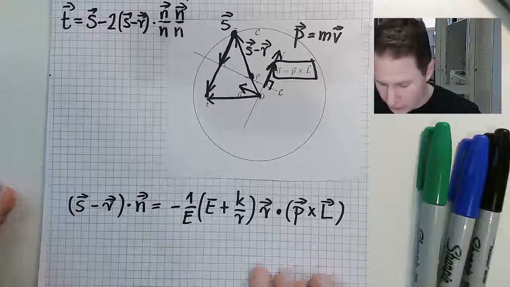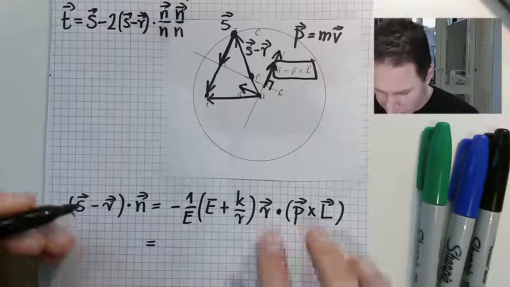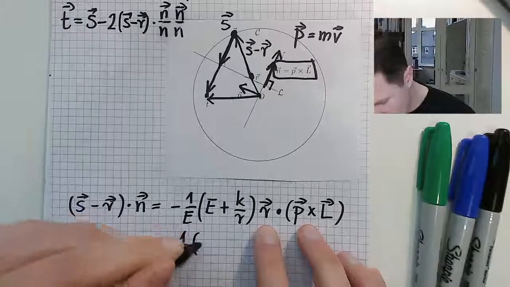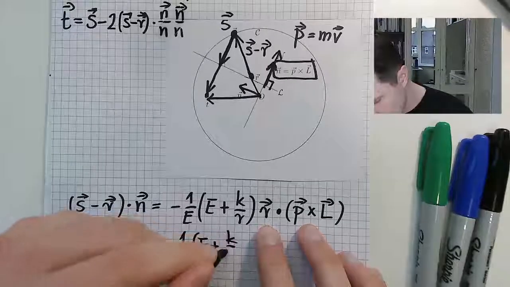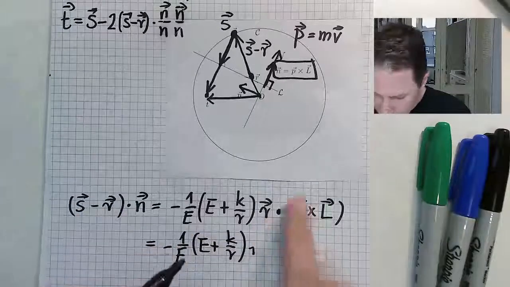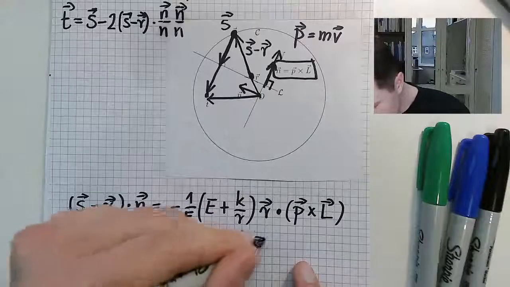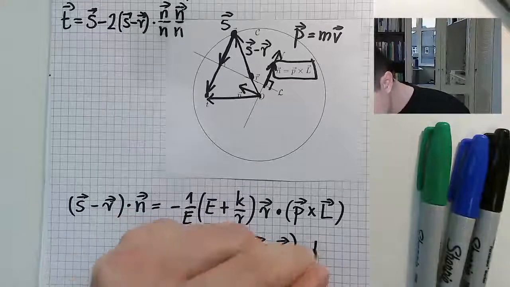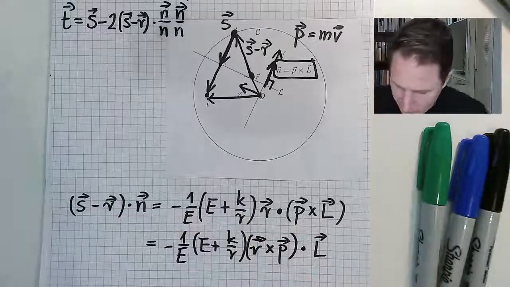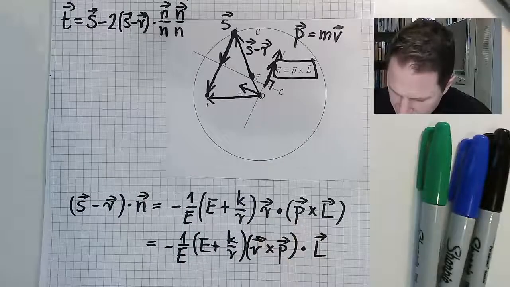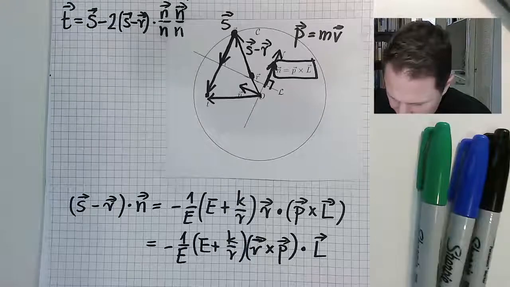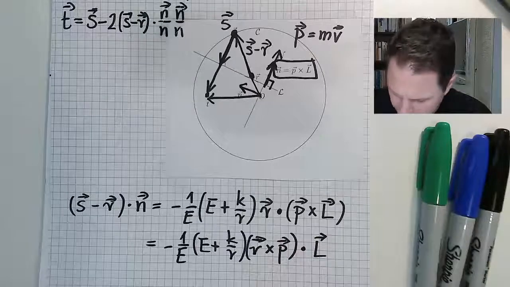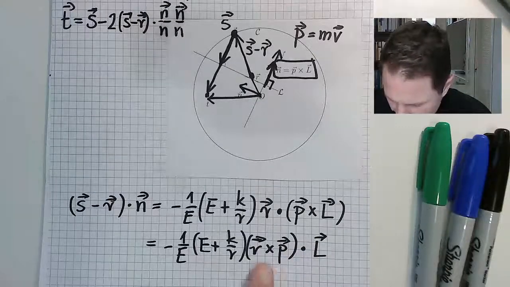What we can do now, and it's a special property of the scalar and vector products, is that you can write the same thing and do the following. Take the first two vectors, take their vector product and the scalar product of that with the third vector. So you can basically change the two products. There is a nice geometric proof for this, but I'm not going to go into that.